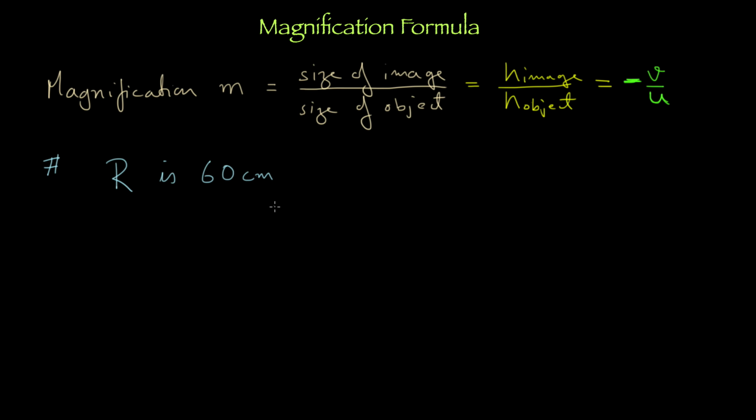The image formed by the mirror is half the size of the object. When I say size, you may write height. Okay, image is half the size of the object.